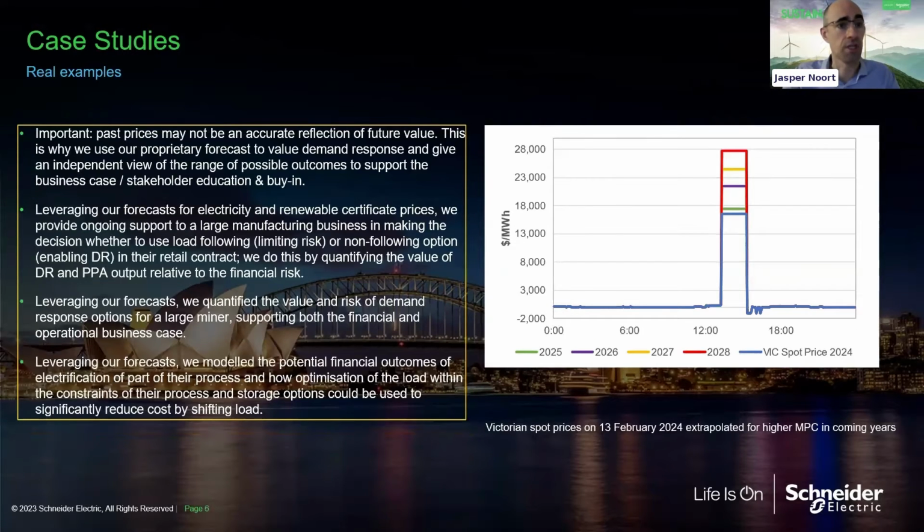So finally, I will discuss a few practical things or case studies and talk a little bit about some practical stuff that we've done. It is important to consider that past prices are not always an accurate reflection of future prices. We've had a few years with substantial periods of high prices.